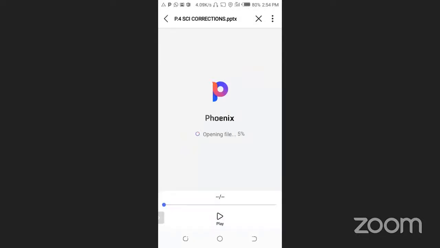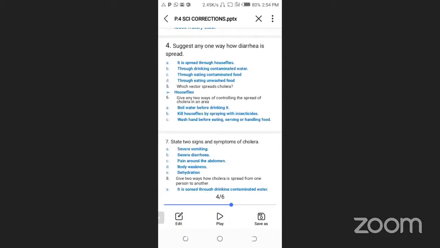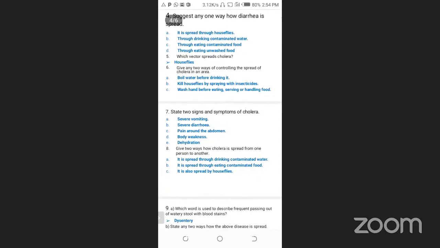Part B is there. So that is number 9A, which the answer is dysentery, and the spelling is dysentery. So dysentery is the passing out of watery stool with the blood stain.